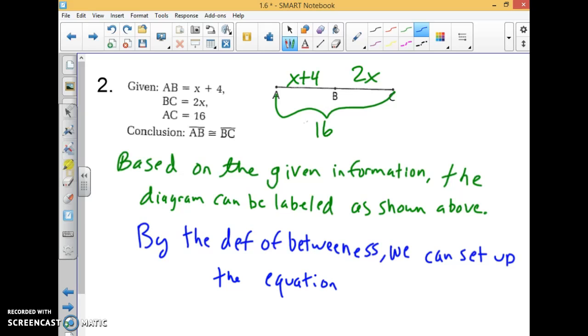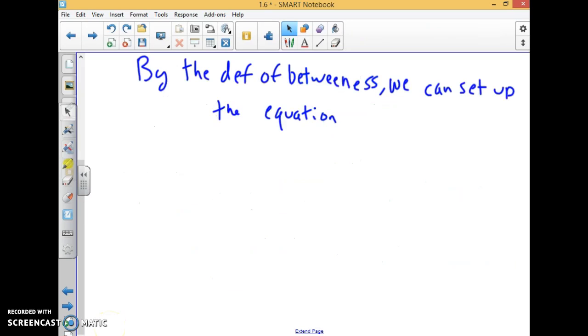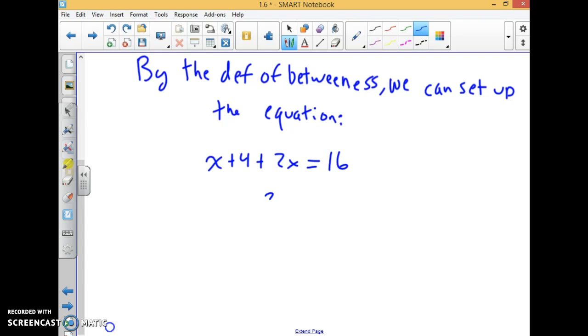Now we need to use our algebra here. And now we can show setting up and solving the following equation. Based on our picture, x plus 4 plus 2x has to equal 16. So 3x equals 12 and x equals 4. Your algebra does not need to be in paragraph form, it just needs to look like normal algebra.